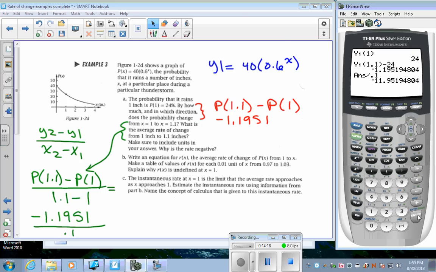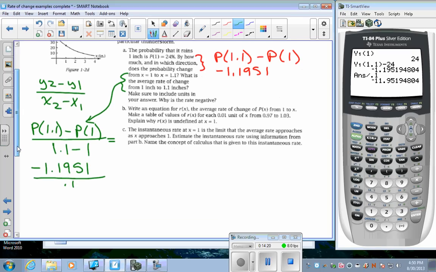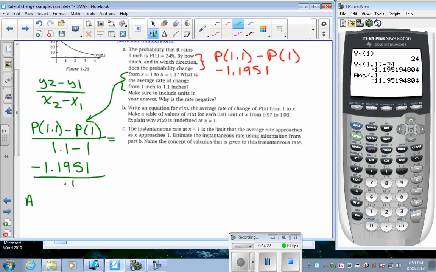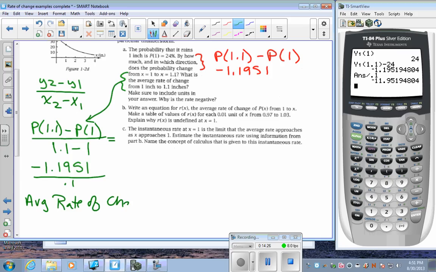So that gives me that my average rate of change, and it's an approximation because it is an average rate of change, negative 11.9519. I do need some units here.